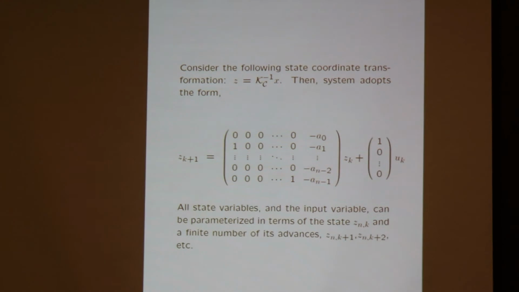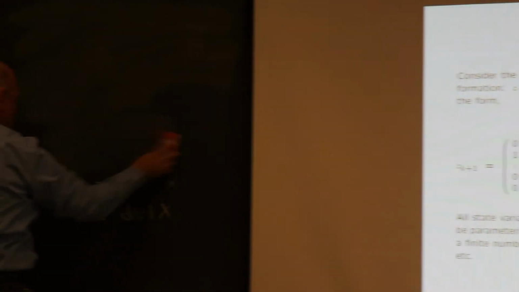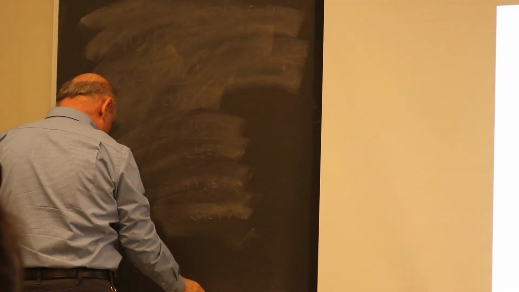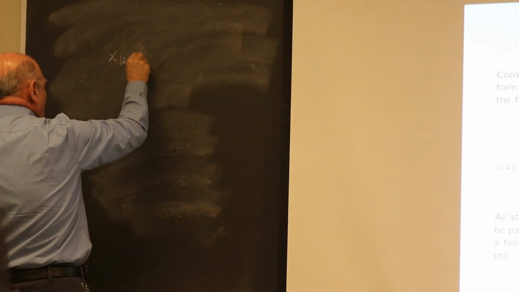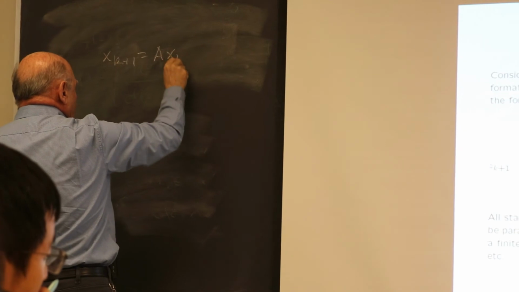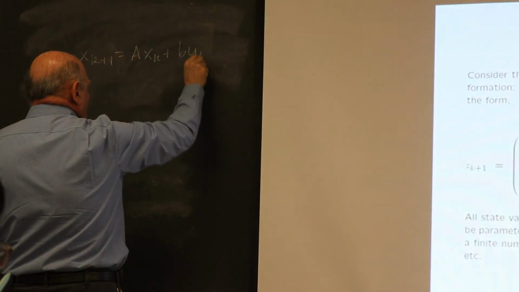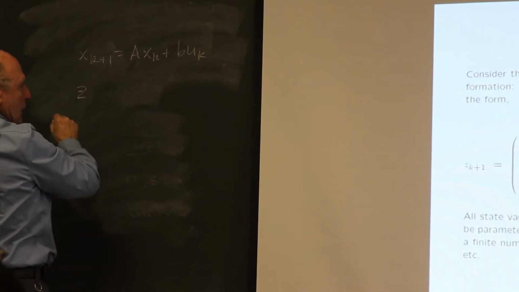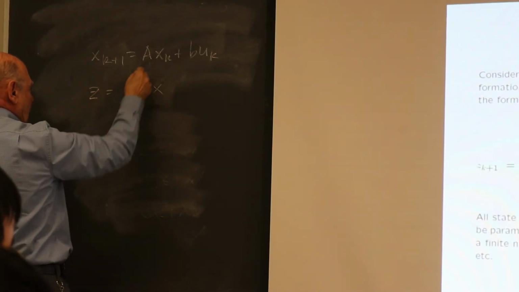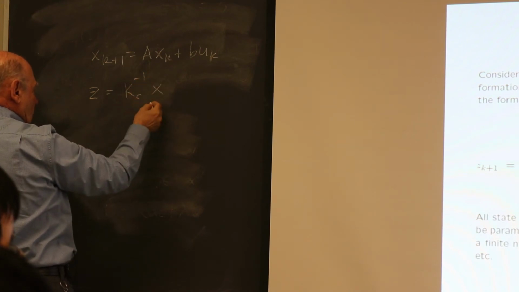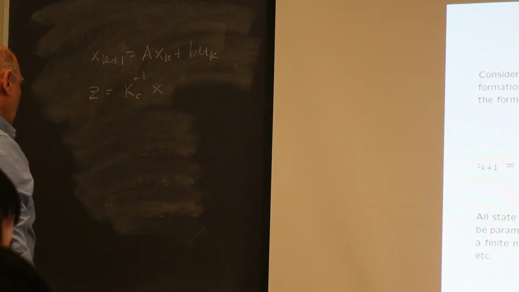So if you have that state coordinate transformation, it is a simple exercise to show that you produce a new variable C, which is the inverse of the Kalman controllability matrix multiplied by the actual state. So at each moment of time, Ck is Kc inverse, the inverse of the controllability matrix, times Xk.